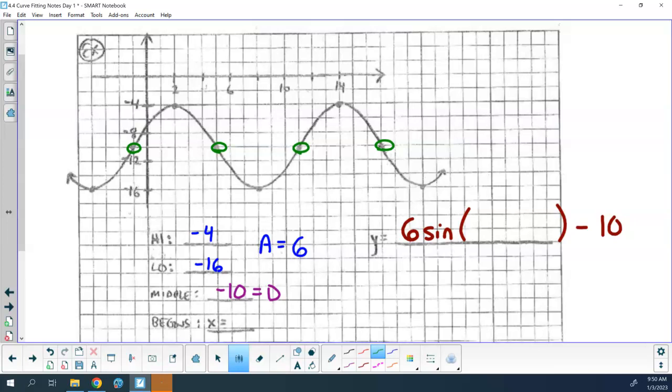Those are my starting choices. Which one do you want to start at? This one? That one right there? Okay, so that would have a C value of -1, correct? Which means that in here, then, that's going to be x plus 1.